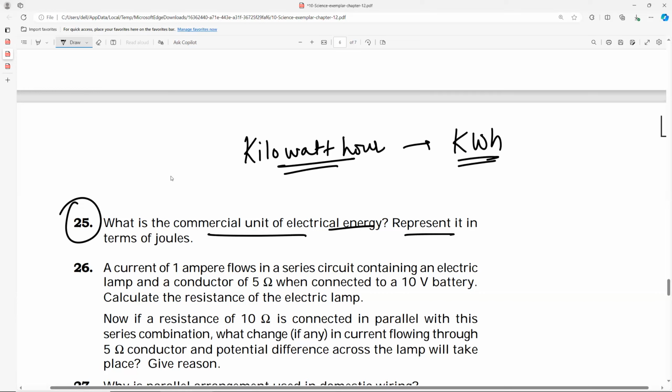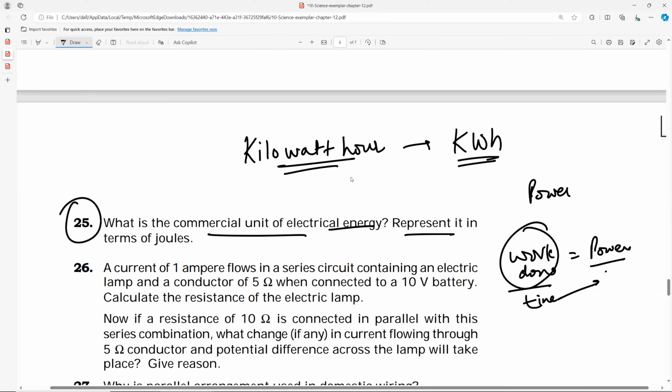What is the unit for power? Energy is power into time. You know that power is equal to work done upon time. So work done will be equal to power into time.